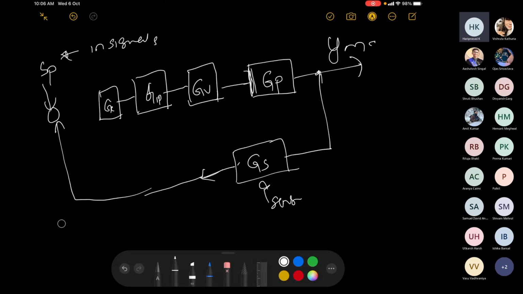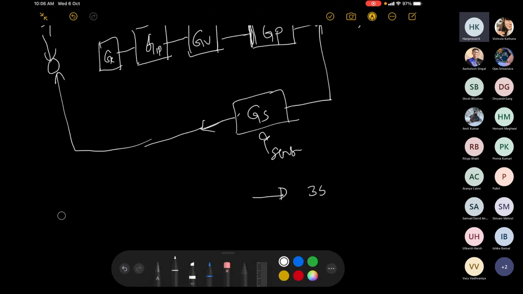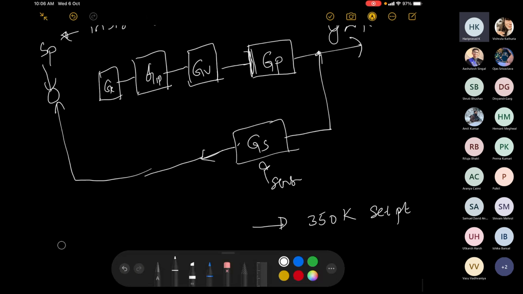What I mean by signal here is, let's say you are trying to control temperature, and 350 Kelvin is your set point, because that is what you need to achieve inside the system.